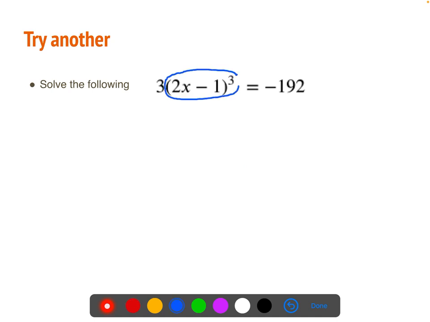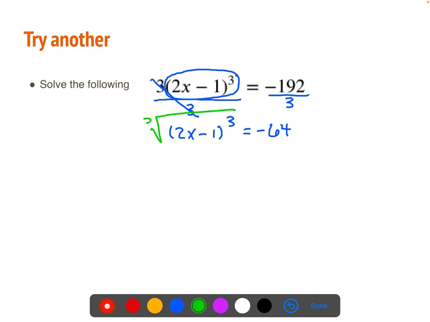All right, let's see if he's isolated. Here's the cube. It's got a 3 in front, so I've got to isolate by dividing by 3 on both sides. So I have 2x minus 1 to the 3rd equals, now I'm going to take negative 192 and divide it by 3, and I get negative 64.